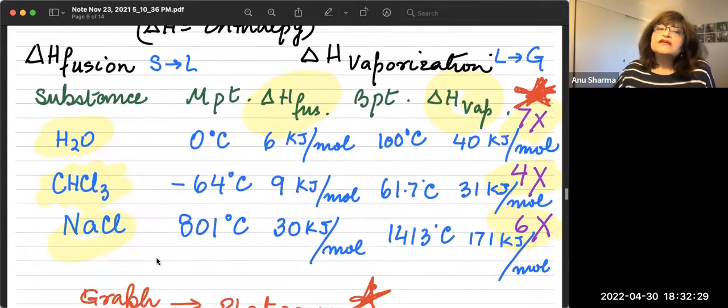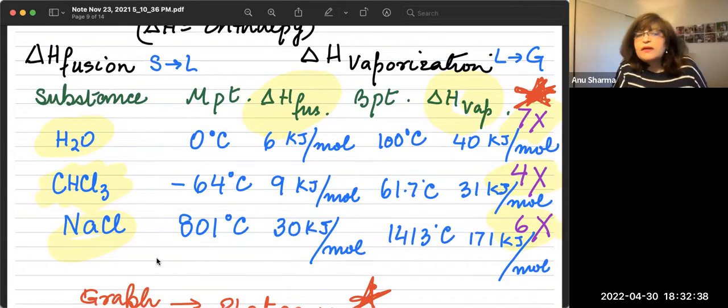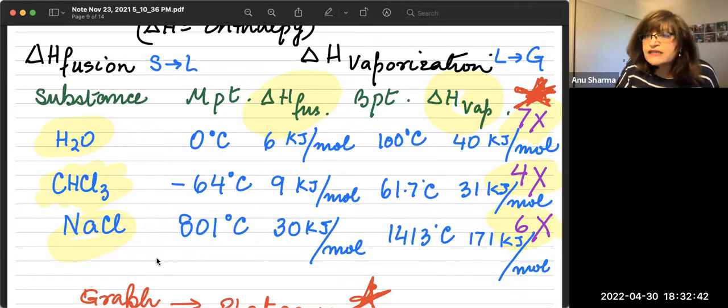Now, here you see 3 different substances: water, chloroform, and sodium chloride. The melting point of water is 0 degrees Celsius. The melting point of chloroform, CHCl3, is negative 64 degrees Celsius, which means it will evaporate very fast at room temperature. Then comes sodium chloride, which is solid, and its melting point is so high, you really have to heat it to 800 degrees Celsius.